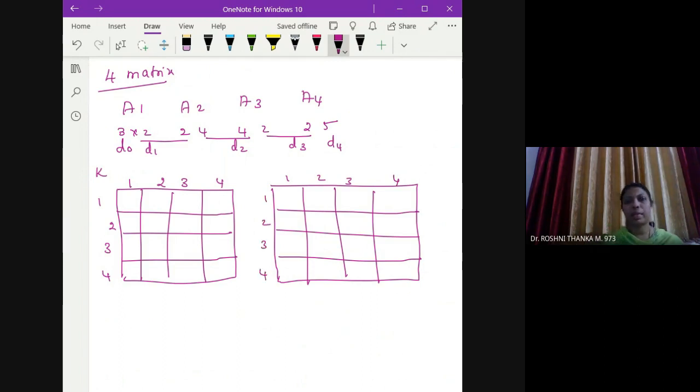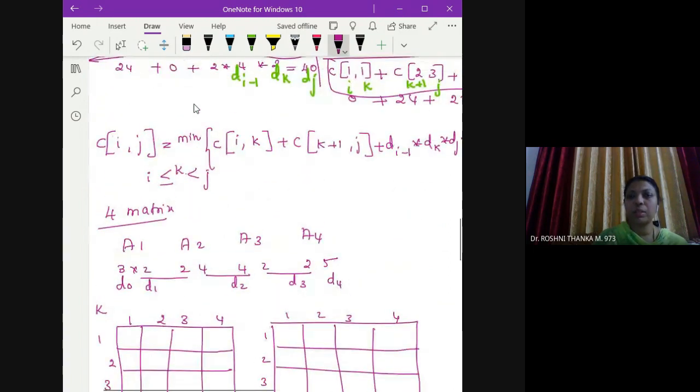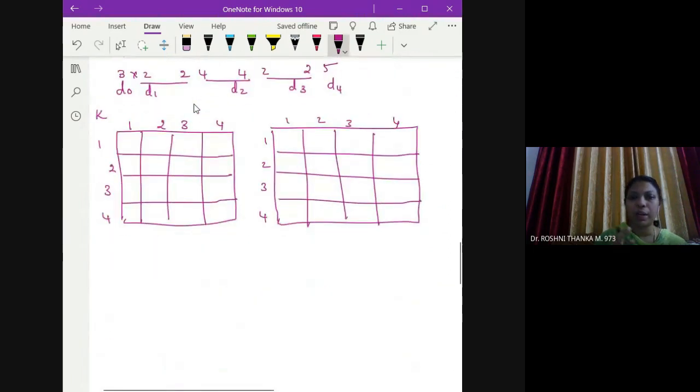Okay, let's start calculating. We have many different possible ways when we do the calculation. How do we know which i value and j value to start from? We find the difference between the i and j values. First we have to start with the minimum difference.